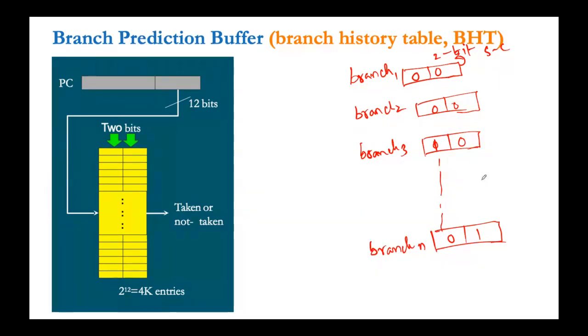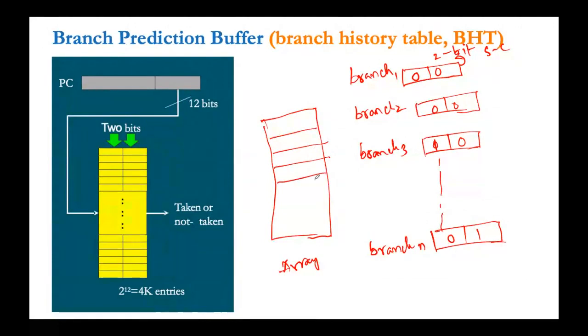So how do we handle all these n branches? For this branch prediction buffer, consider that we take one array. In that array, for every branch, there will be one entry.